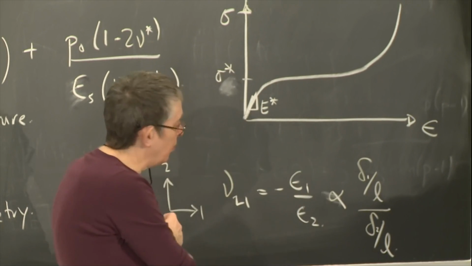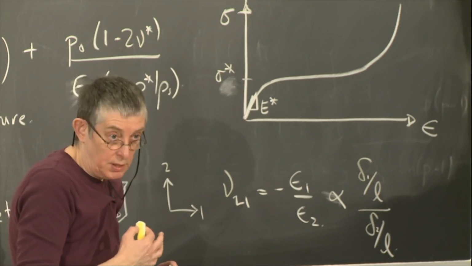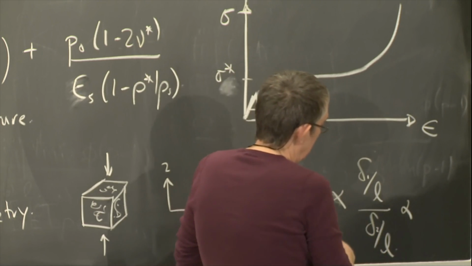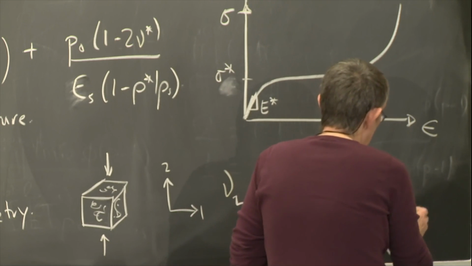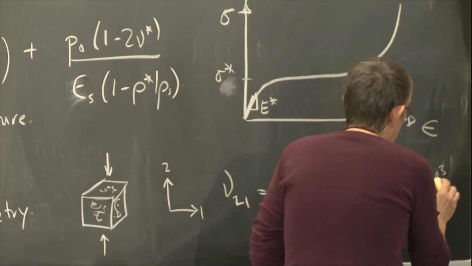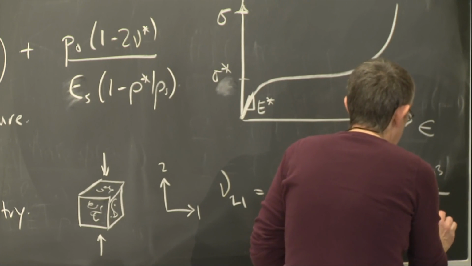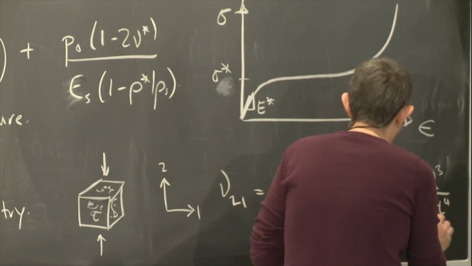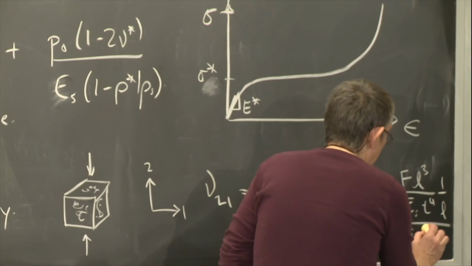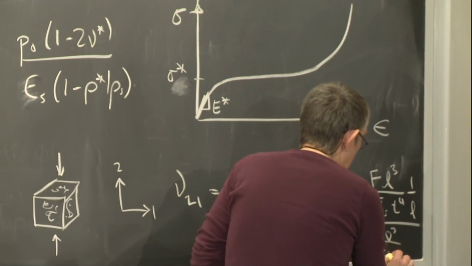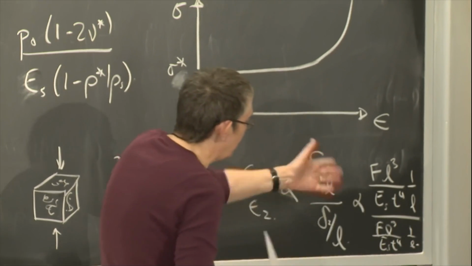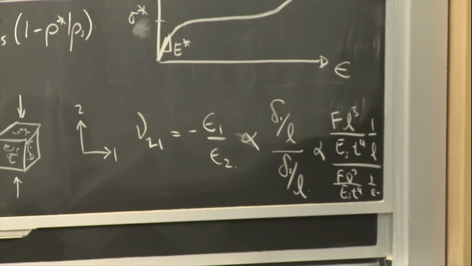But those two things are both going to be related to the bending deflection of the beams, right? Since both of those deltas are related to the bending deflection of the beams, I could write that as F L cubed over E of the solid times t to the fourth, and then that's times 1 over L. And this thing here is also F L cubed over E of the solid t to the fourth, times 1 over L. So everything cancels out except the geometrical constant.